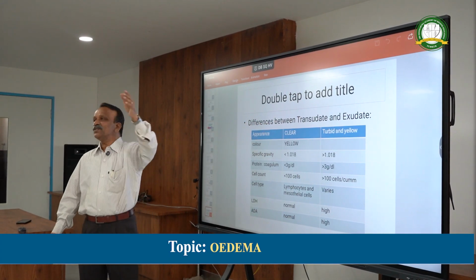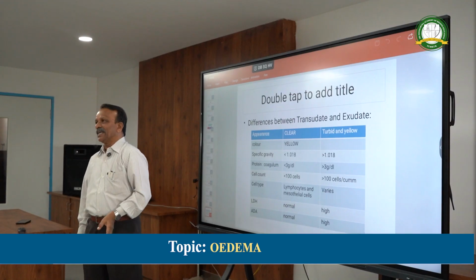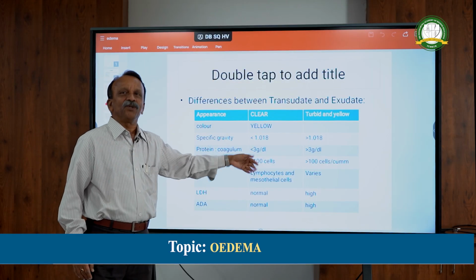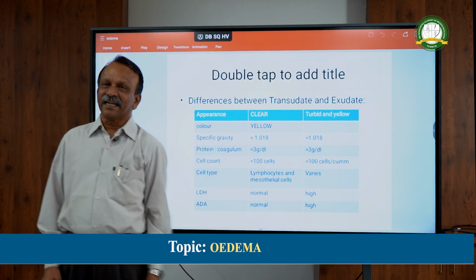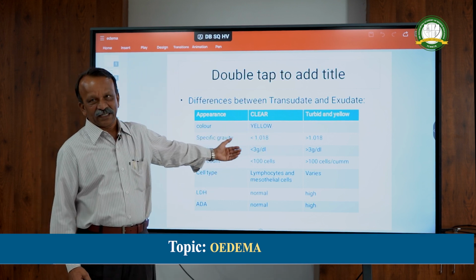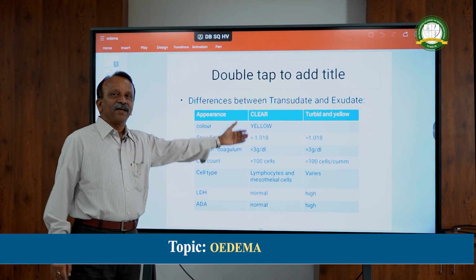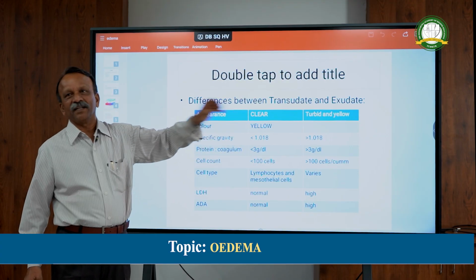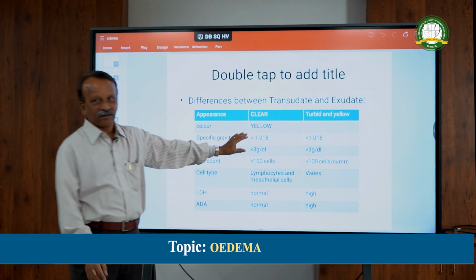And what is the difference between transudate and exudate? This is very important to know the etiology of the edema. Is it inflammation or a non-inflammatory cause? This can be asked as a 5 marks question in your theory paper.